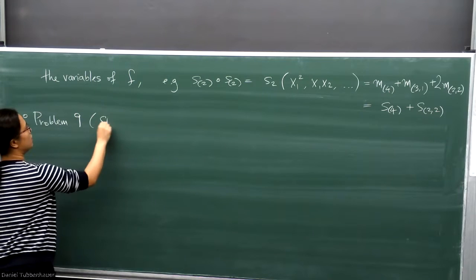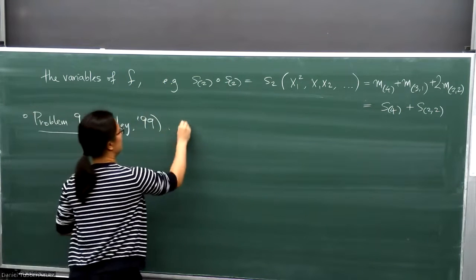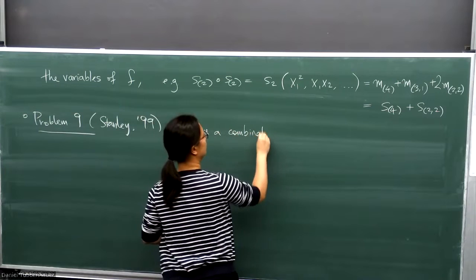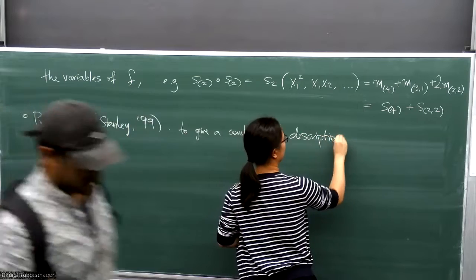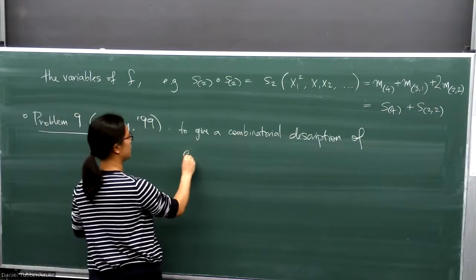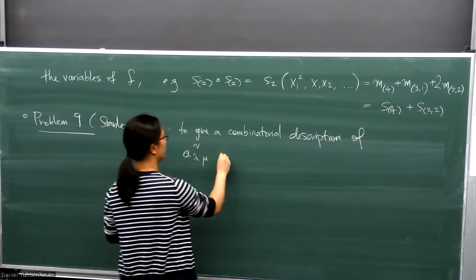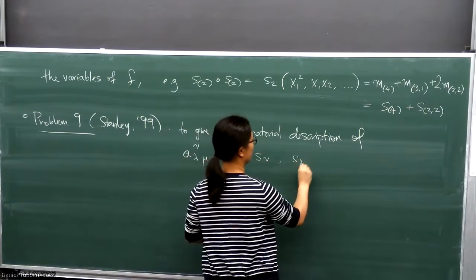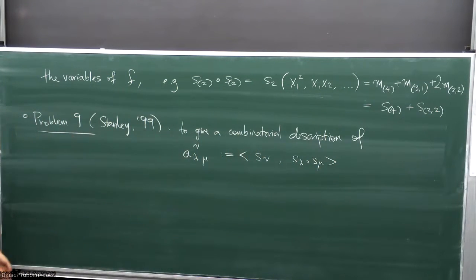Problem 9, Stanley, is to give a combinatorial expression of plethysm coefficients indexed by, let's say, 3 partitions, lambda, mu, and nu, where this is just how many times do we see S nu in a decomposition of the plethysm S lambda with S mu.